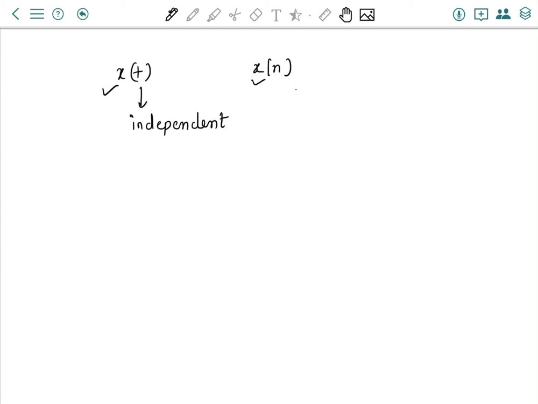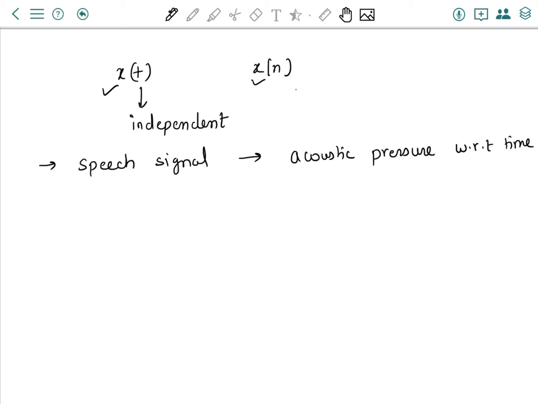Signals are represented mathematically as functions of one or more independent variables. It depends on what type of signal we are discussing. If we are discussing a speech signal, it is basically a function of the acoustic pressure which we apply while speaking some words with respect to time. So it's a single variable.